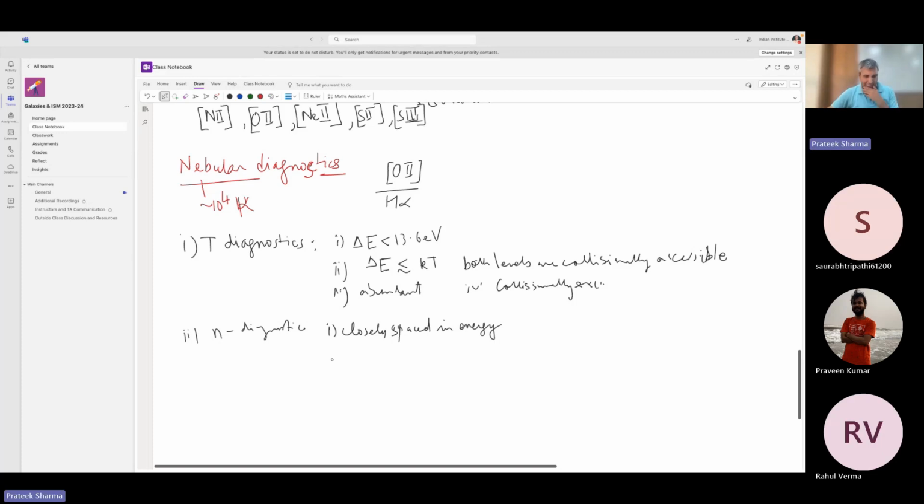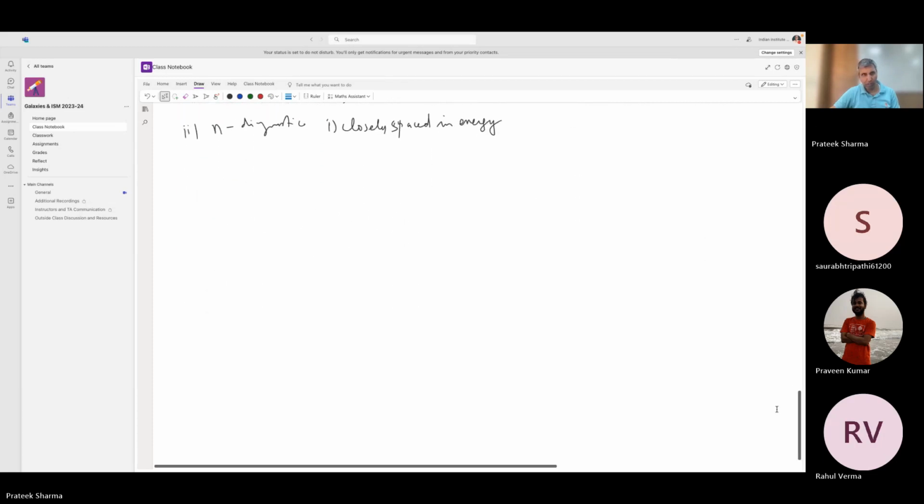Okay, so for the temperature diagnostic, a common ion to look at for temperature is ions with np2 configuration, right?